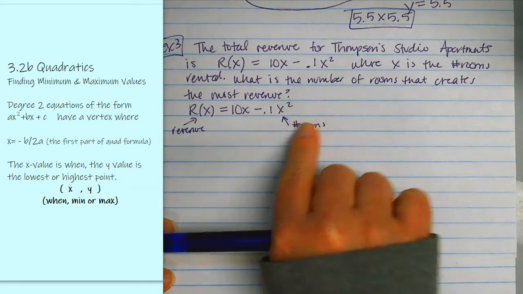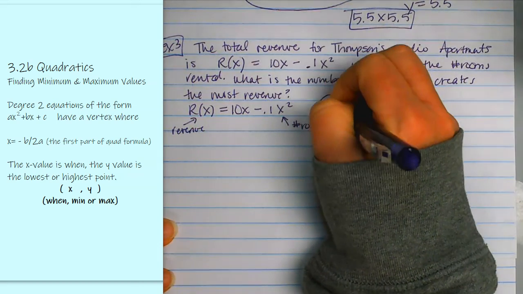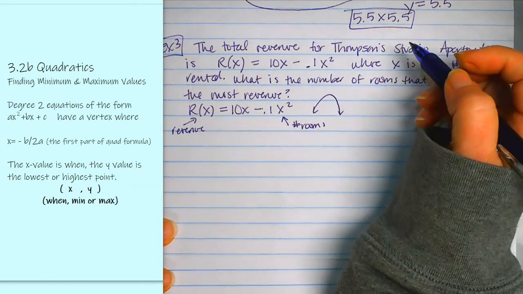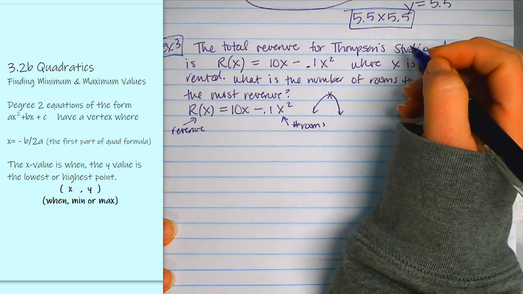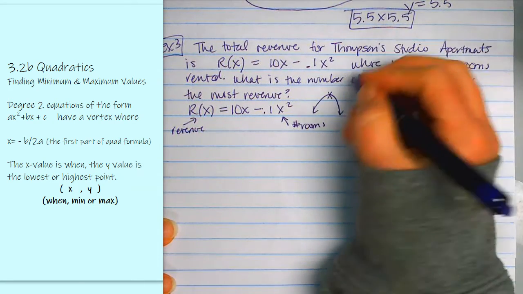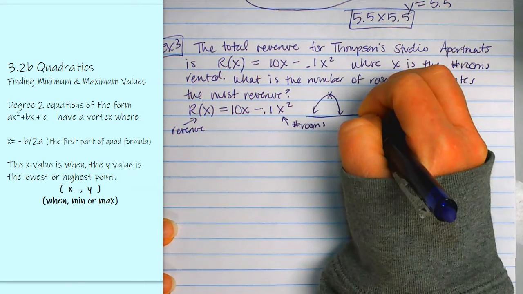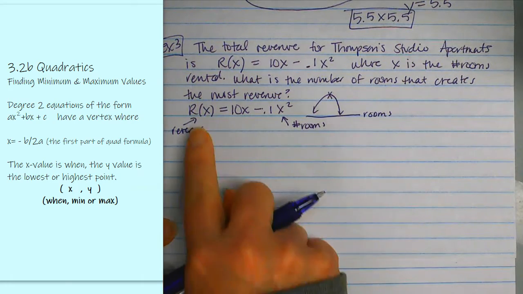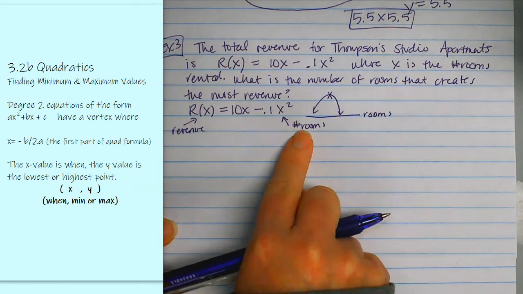So this is a quadratic, meaning that if we graphed it, it would have a shape like this because it has a negative in front of the x squared. And you're looking for right here, you want to look for the number of rooms, that's on the x-axis. So on your paper, you should have this and the description.